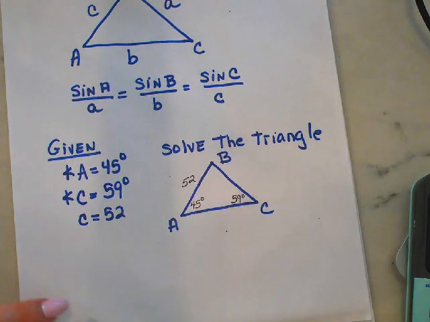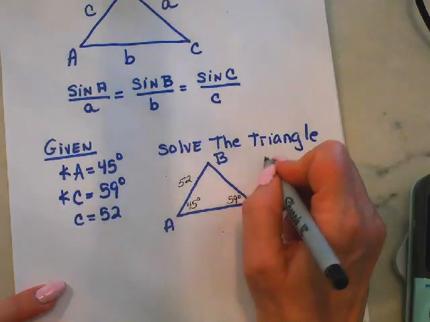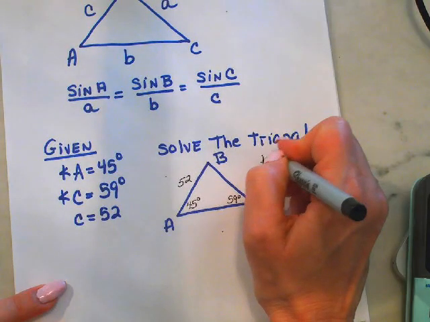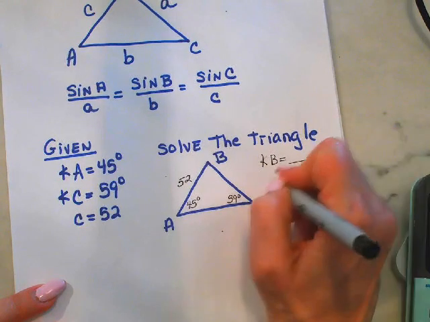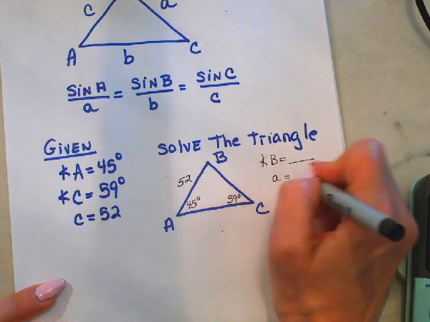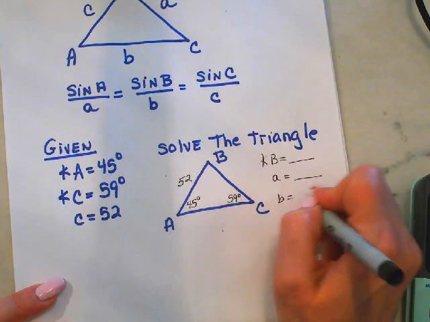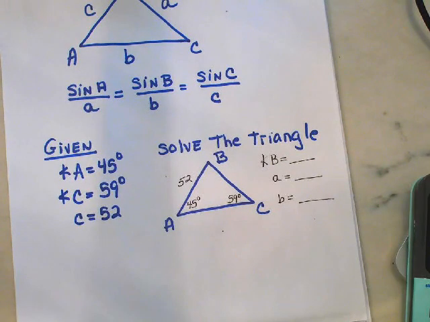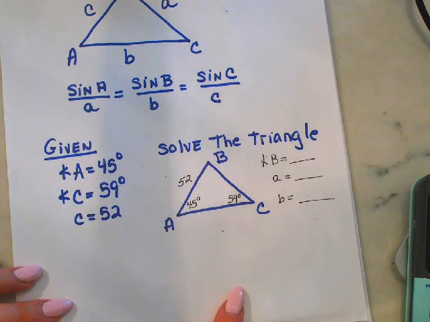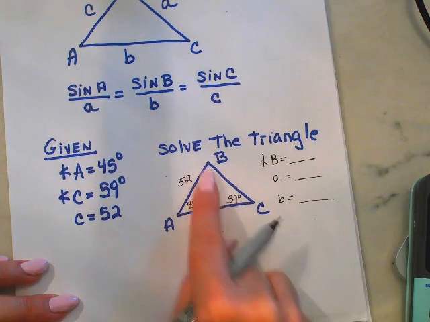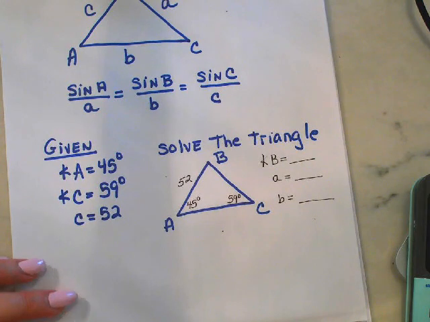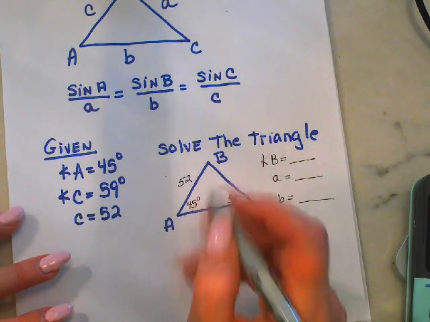So what is left in this triangle? Well, we have to find angle B. We don't know that. We have to find the measure of little a and little b. That's what's missing. So that's what it means when it says solve the triangle. They want you to find everything else. Hopefully you realize the first thing we could find is easy. We could find angle B because we know that the sum of the three angles of a triangle is 180.